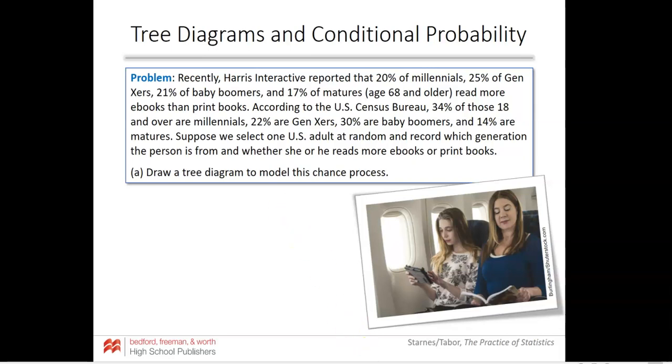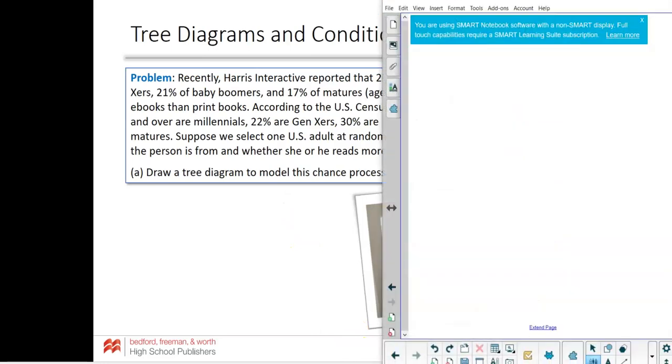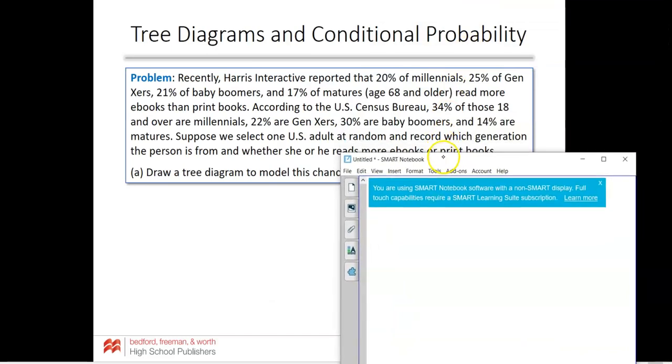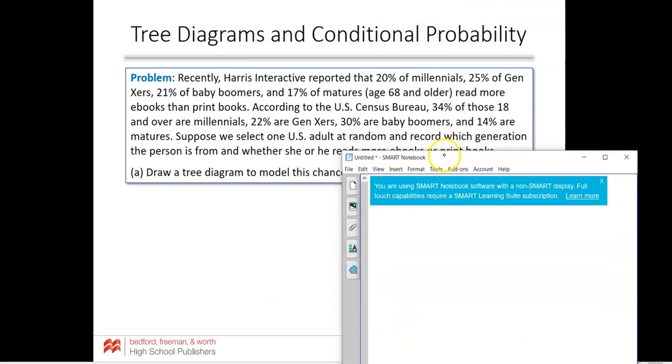So if I were making this, I'm going to get my pen out. It says 34% of those 18 and over are millennials.